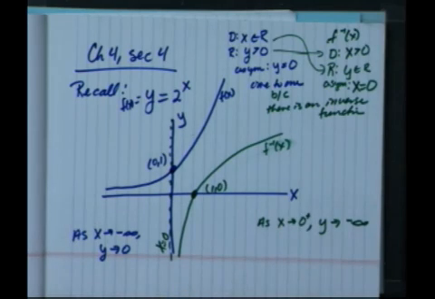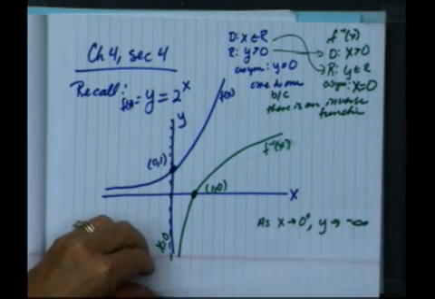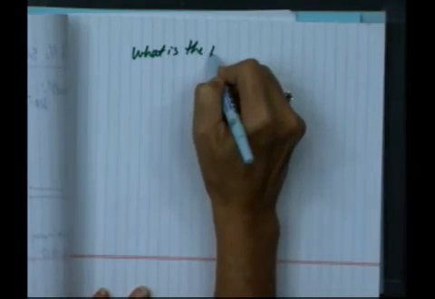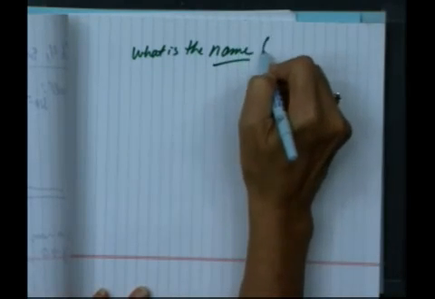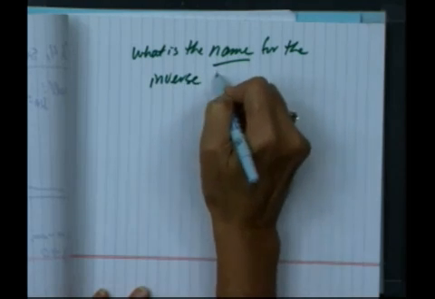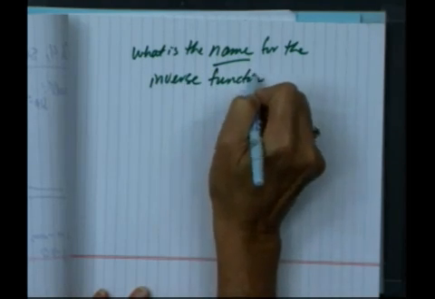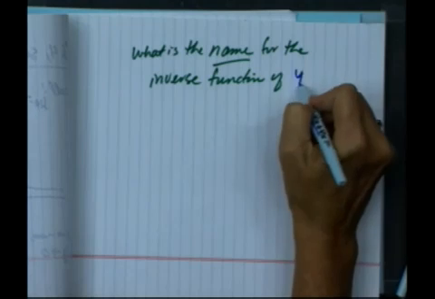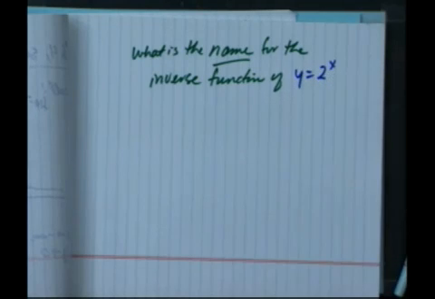All right, but what is the name for this inverse function? Well, let's look over here and see if we can figure this out. What is the name for the inverse function of y equals 2 to the x?